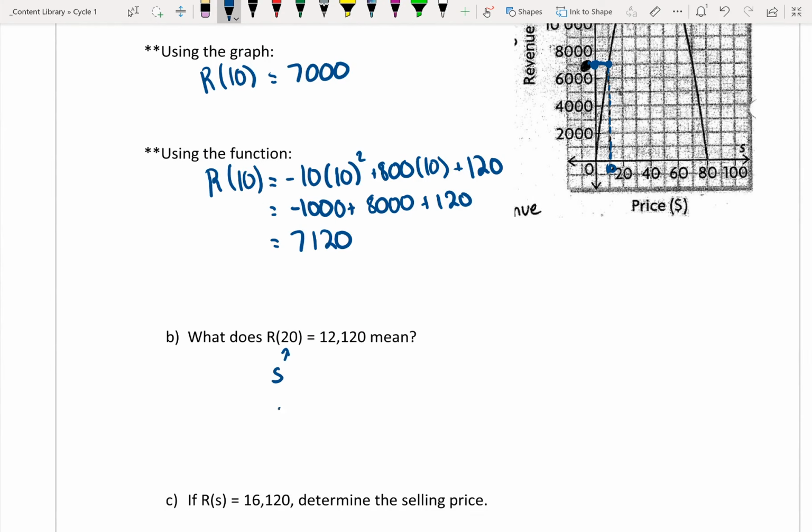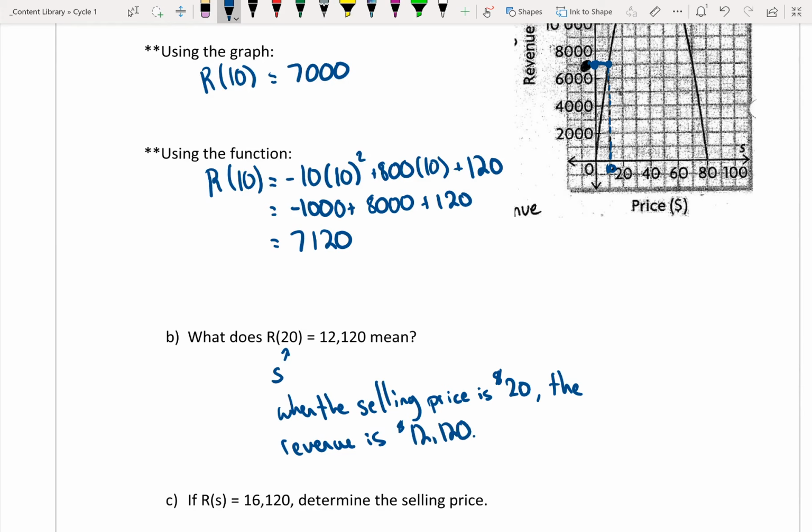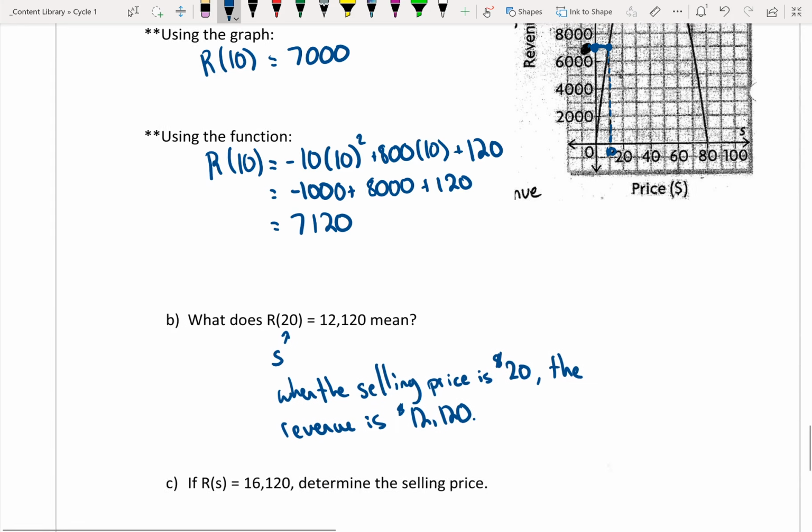So basically this means when the selling price is $20, the revenue is $12,120. So when our selling price of sunglasses is $20, the revenue is $12,120.